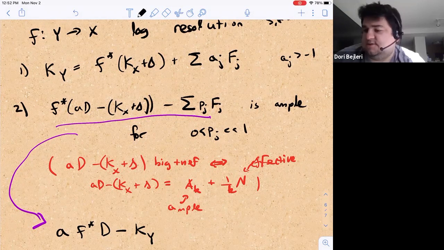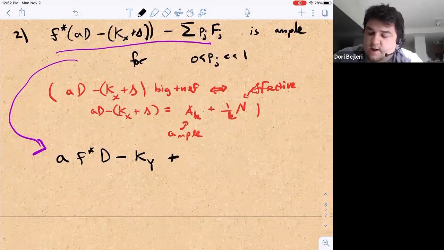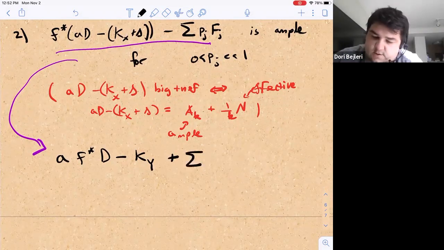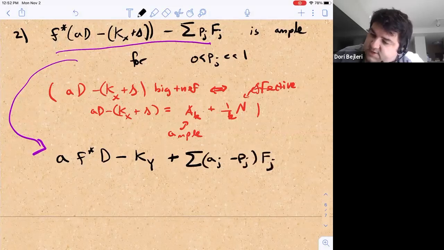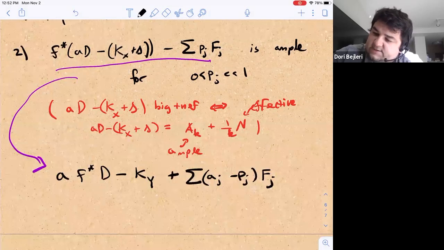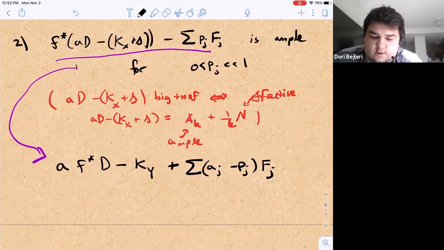Sorry, adding the discrepancies because they're on the other side. So plus the discrepancies, the sum of aj minus pj, because now we have these minus sums of pj in our expression that we're writing down.